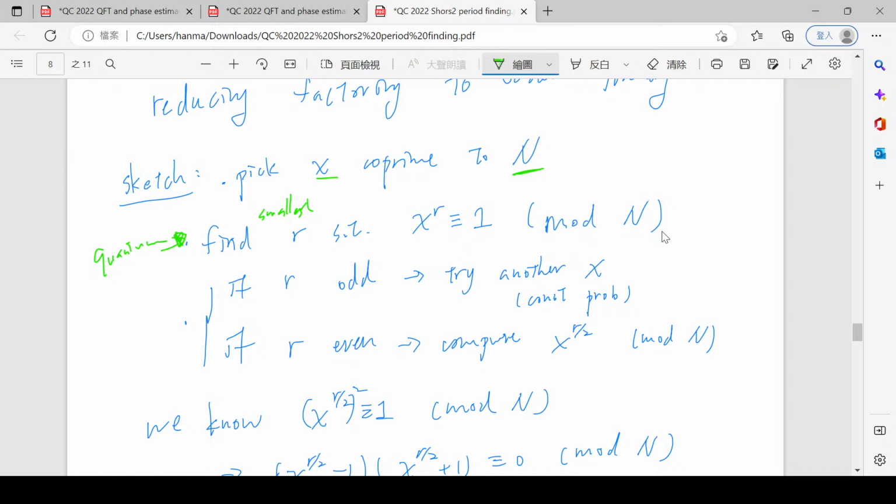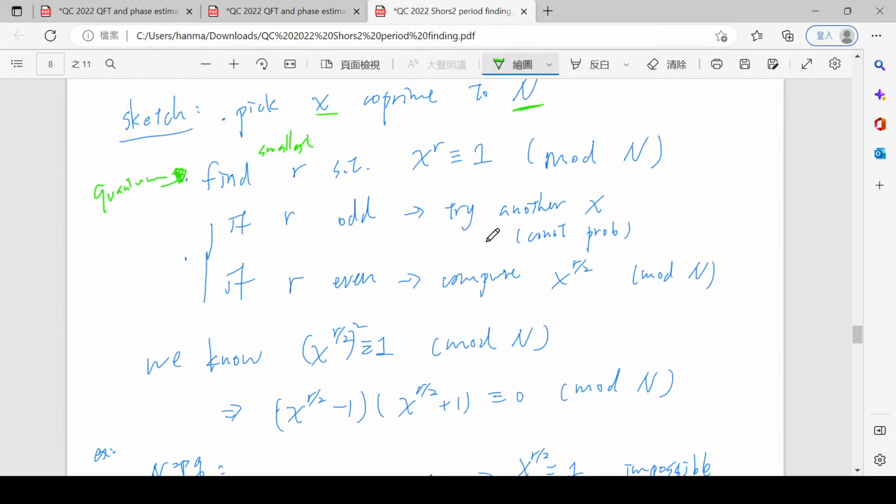Okay. Now there are different cases. So if r is an odd number, then this is just bad for us. Then you will just need to pick another x and start everything over again. Okay, but if r is an even number, then you can compute r divided by 2, obviously, and then you can compute x to the r over 2 mod N. Yeah.